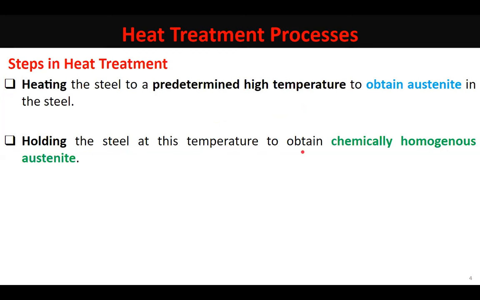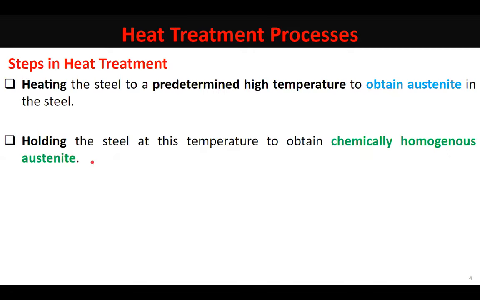The diffusion process activates and it picks carbon from regions of cementite portion and takes it to the deficient ferrite regions. And after a while, through experience, 2 minutes, 5 minutes, or even half an hour, you will then see that austenite, which was chemically inhomogeneous over here, becomes chemically homogeneous.